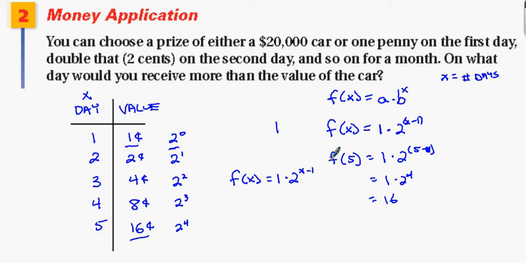Okay? So I need to figure out what day would I equal 20,000. So I'm going to replace the function value. Remember, this is my ending amount right here. So I'm going to go 20,000 equals 1 times 2 to the x minus 1. Oh, is it 20,000? No, it's not, because that's dollars. So to find out pennies, I have to multiply this by 100.